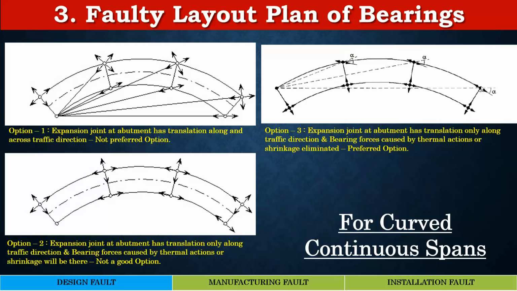Once you determine this angle alpha, you orient all the other guided bearings by an angle alpha. If you do that, the thermal induced forces are reduced to zero, and it serves the purpose of aligning the expansion joint in the longitudinal direction while avoiding thermal induced or shrinkage induced forces. So option three is the best option in this case.